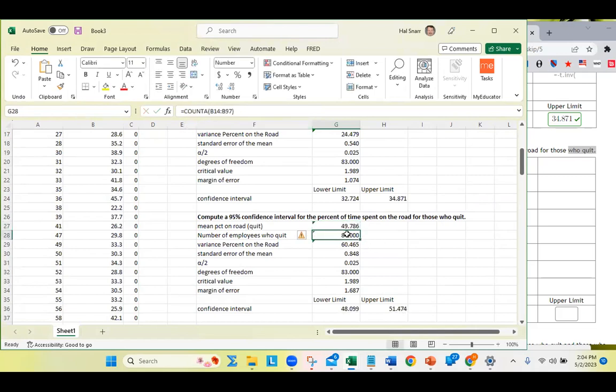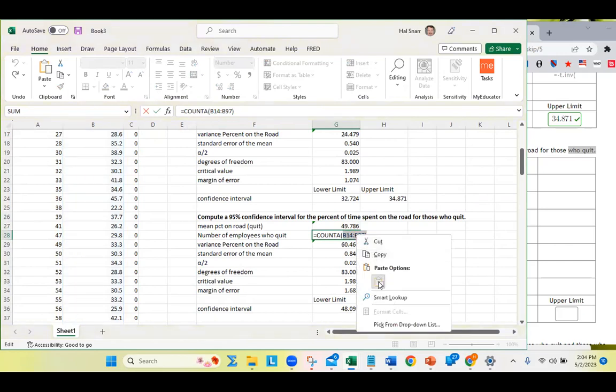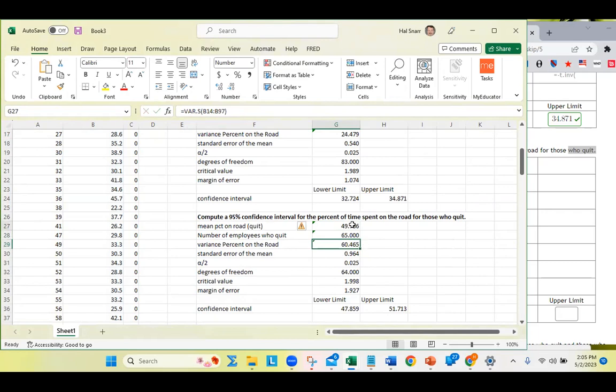So the number of employees who quit, I'm going to replace the B14, B97 with the thing that I just copied. B86 to B150, B86 to B150, B86 to B150, B86 to B150, right?